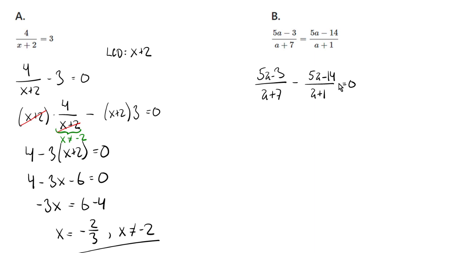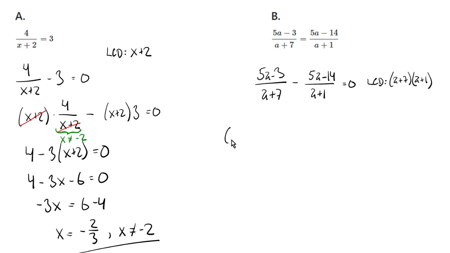And then because we're subtracting, we need to find the lowest common denominator. The lowest common denominator here is simply going to be the product of the two denominators. So a plus 7 times a plus 1. And now we need to multiply each of the terms by the lowest common denominator.